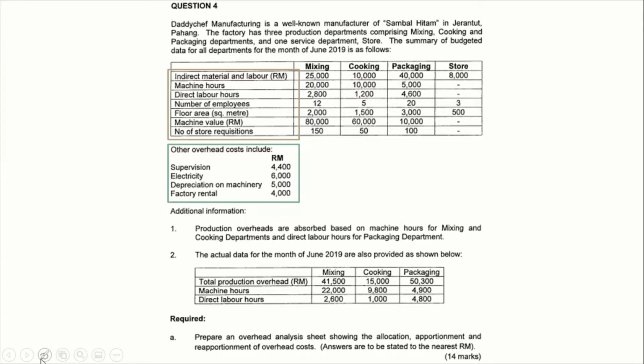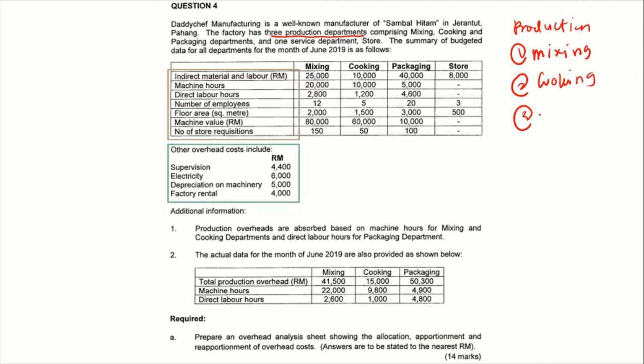So we know from that sentence that they have 3 production departments. The production departments in this process are mixing, cooking, and packaging, based on the question.